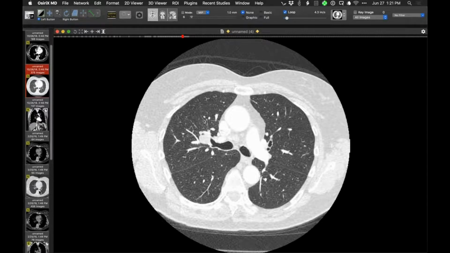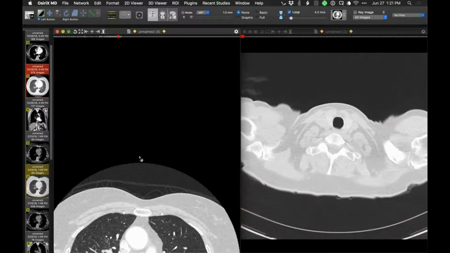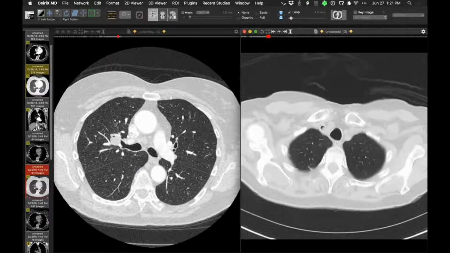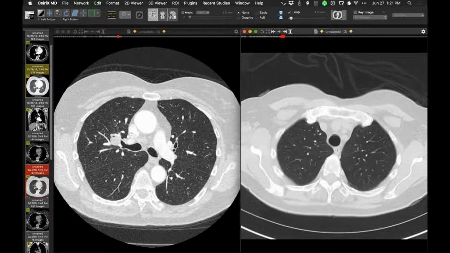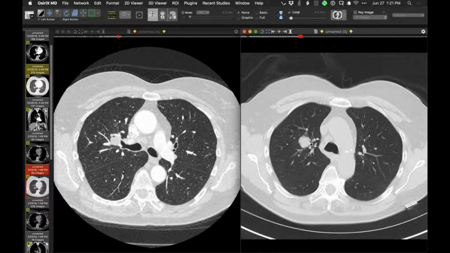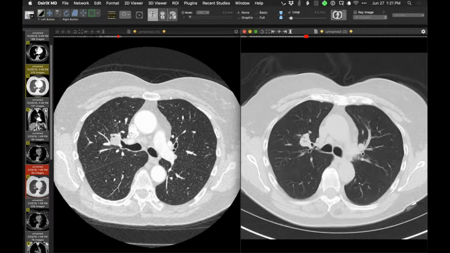And certainly what will happen over time is a little bit unpredictable, but this shows a nice evolution of, let me see if I can fix that, bring that up there. Sometimes these will clear entirely. Sometimes the focal opacities will cavitate and leave cystic spaces with a relatively thin wall.